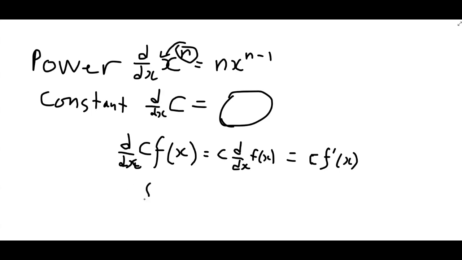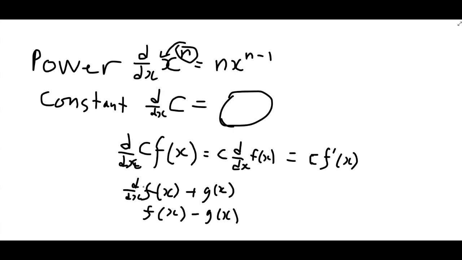Let's say I have a function f of x plus g of x, or f of x minus g of x, and you want to take the derivative of all of this with respect to x. All you got to do is apply the derivatives to the functions respectively.